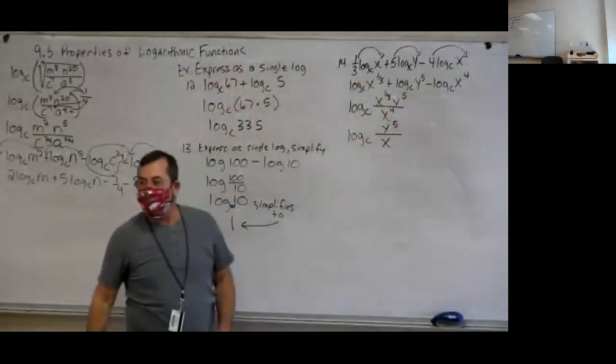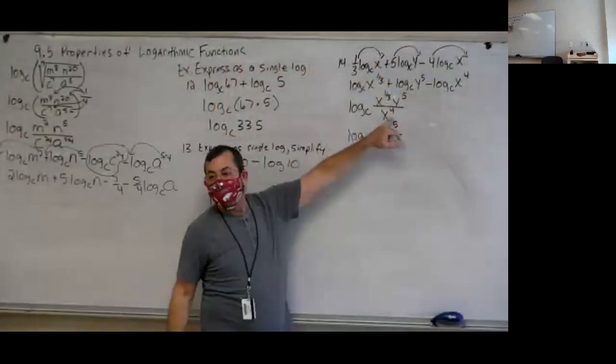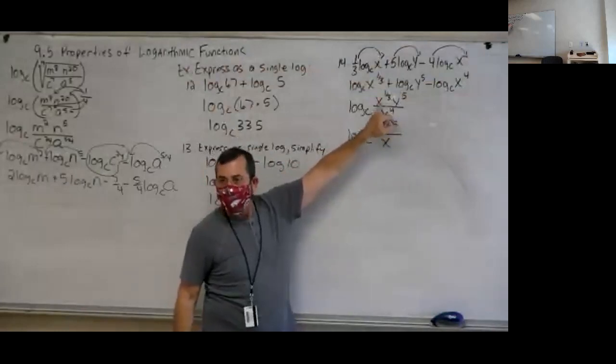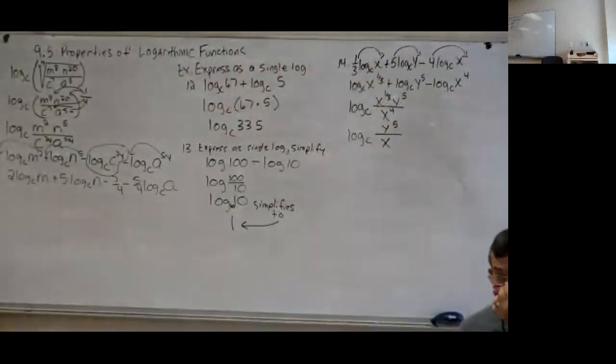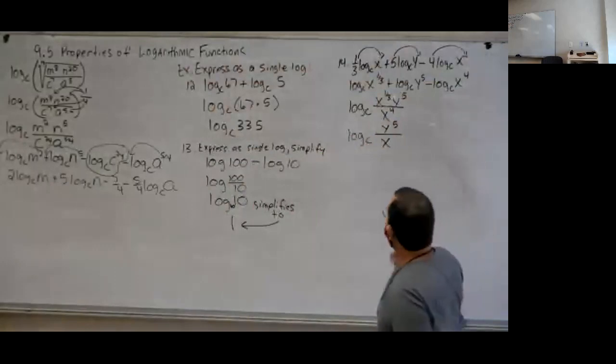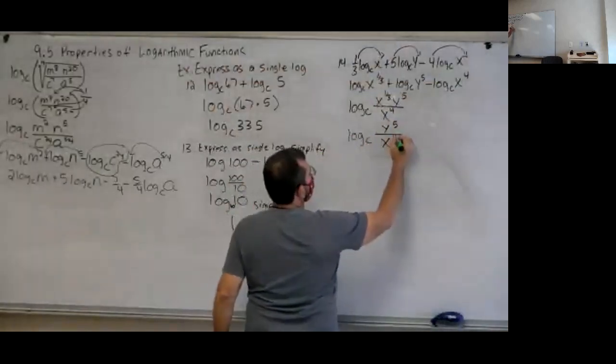The bottom will be the X's, but I got to figure out what 4 minus 1/3 is going to give me. So y'all can play some on your calculators. But basically, you got 12/3 minus 1/3. So what did y'all get? 11/3.